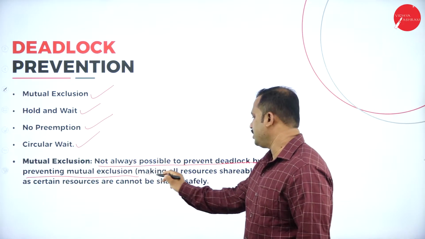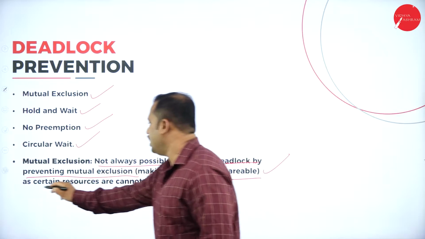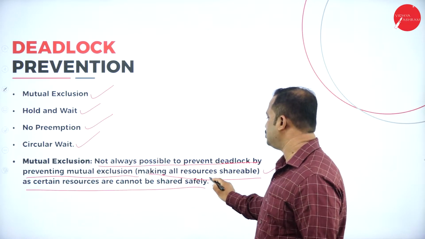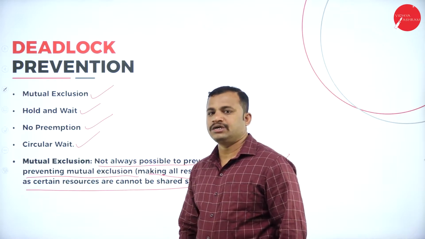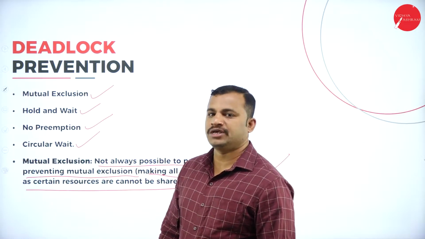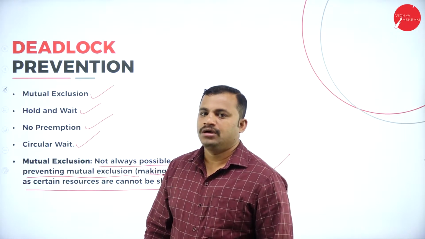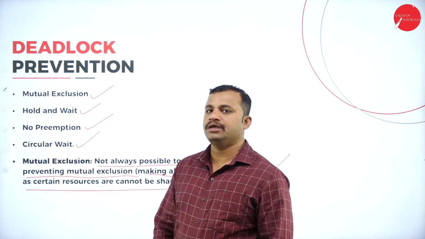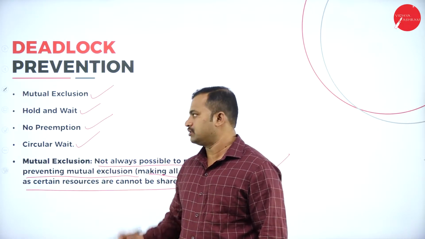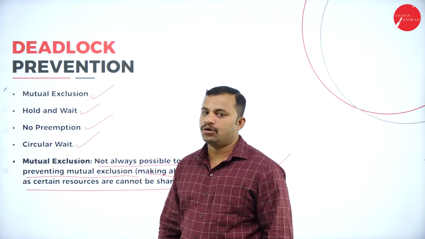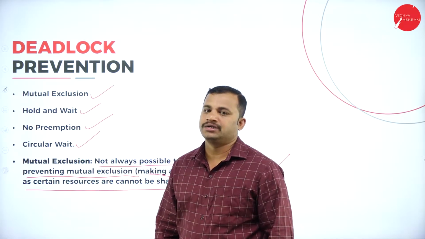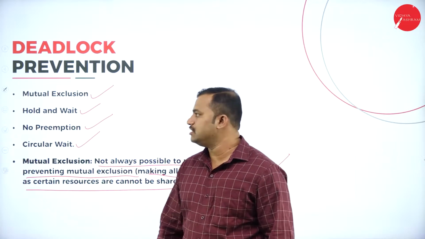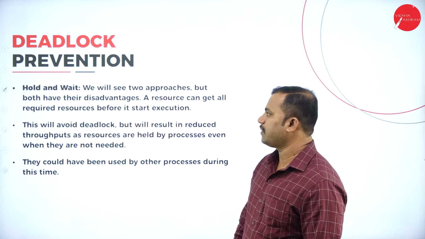That means making all resources shareable, as certain resources cannot be shared safely. So we cannot have the mutual exclusion property as the only one property to avoid the deadlock prevention. There are many other conditions like hold and wait, no preemption, and circular wait. Let me see the details of hold and wait as well.